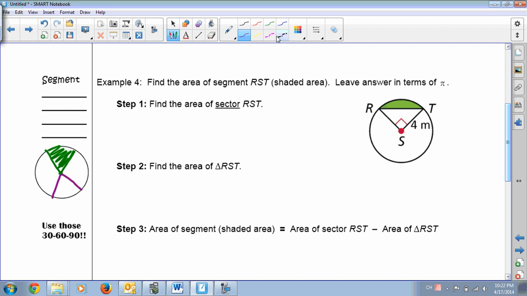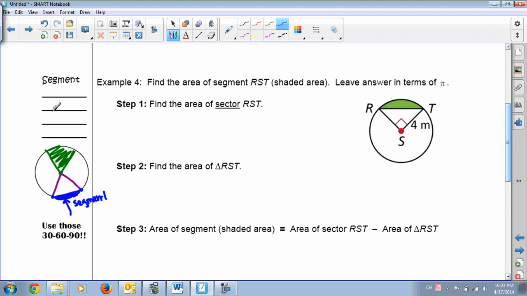A segment, though, is if we draw a chord from each endpoint of our sector, then it leaves this tiny little area right here. It kind of looks like pizza crust or the crust of a pie. The crust right there is called the segment. So this right here is a segment. The whole thing is the sector.